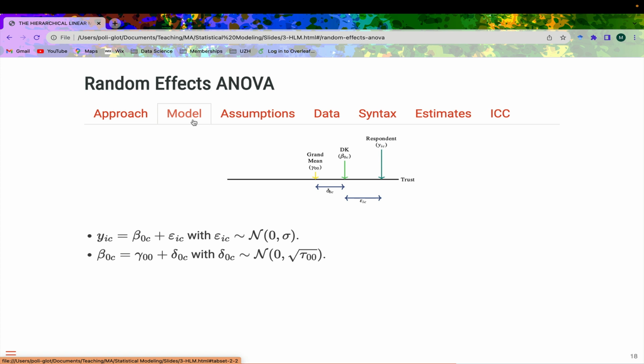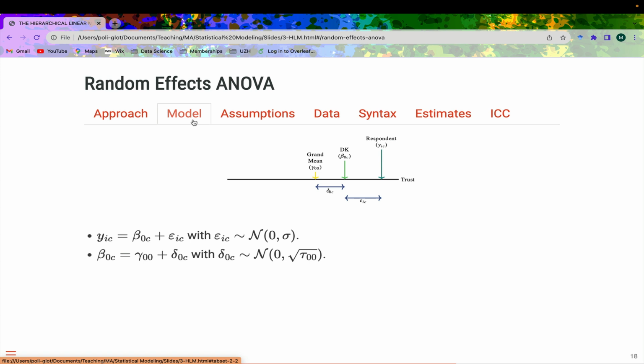The level 2 model is a little bit strange looking perhaps, because what is on the left-hand side of that model equation is not a random variable, but a coefficient, beta 0C, the mean in a particular country. And we are able to treat that as a stochastic variable because we're assuming that we're randomly sampling countries in this particular case.